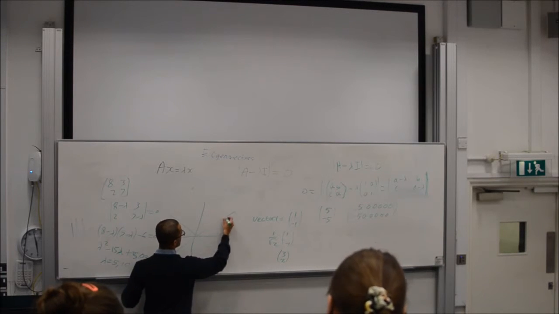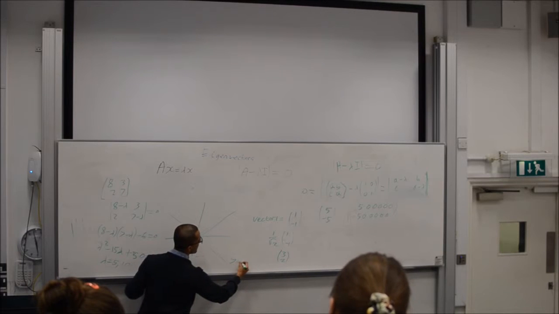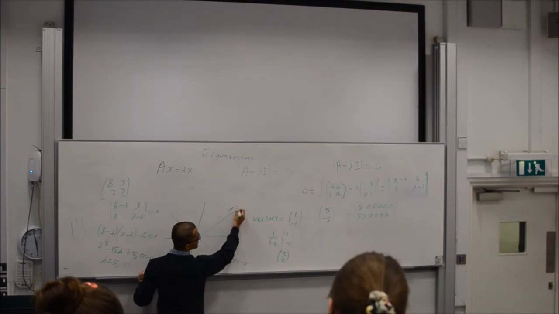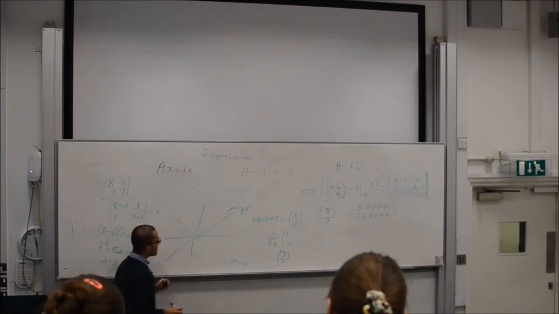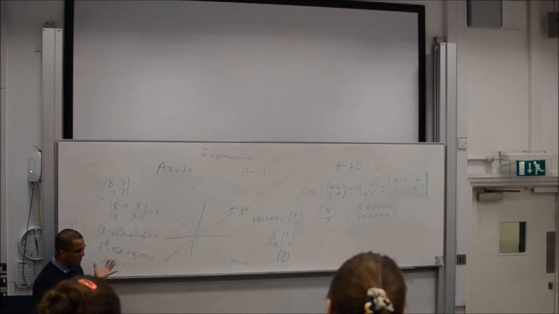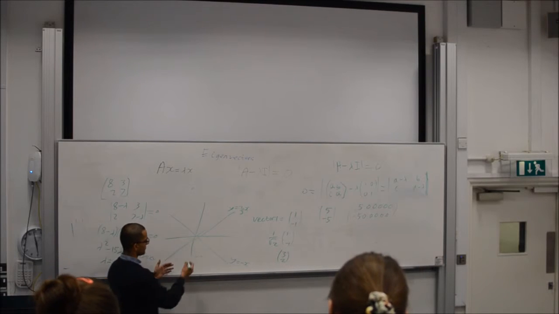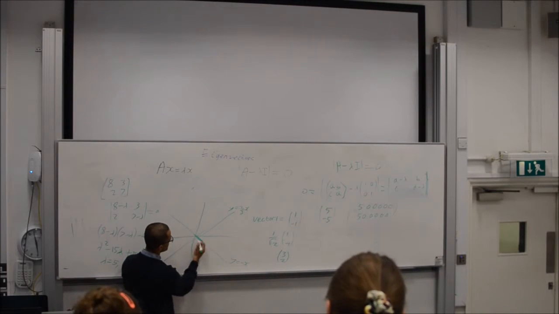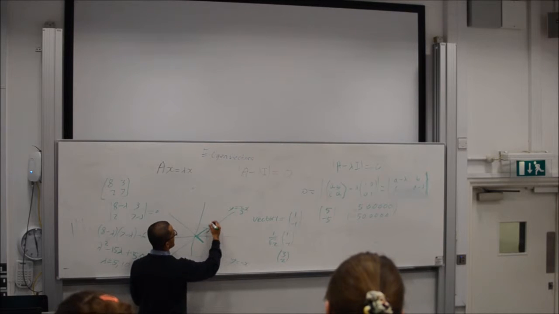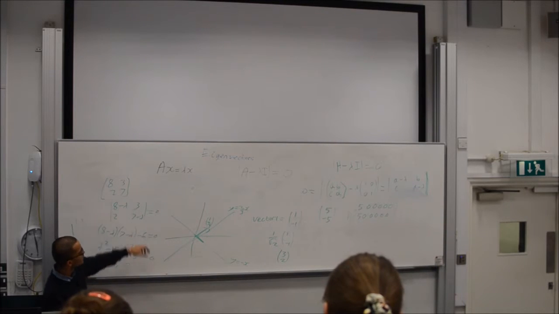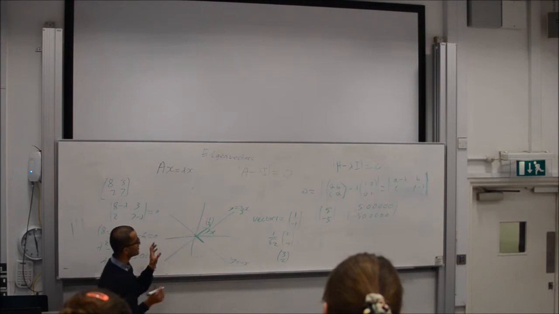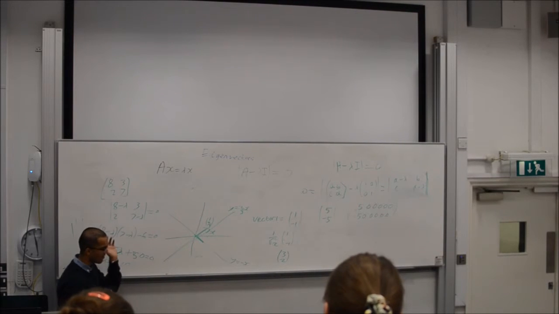This is our y equals minus x, and this is our y equals, I think, 2/3 x. If you give me a vector that lies on this line, say 1 and 2/3, and you apply your matrix A, the thing you'll get will be on the same line.